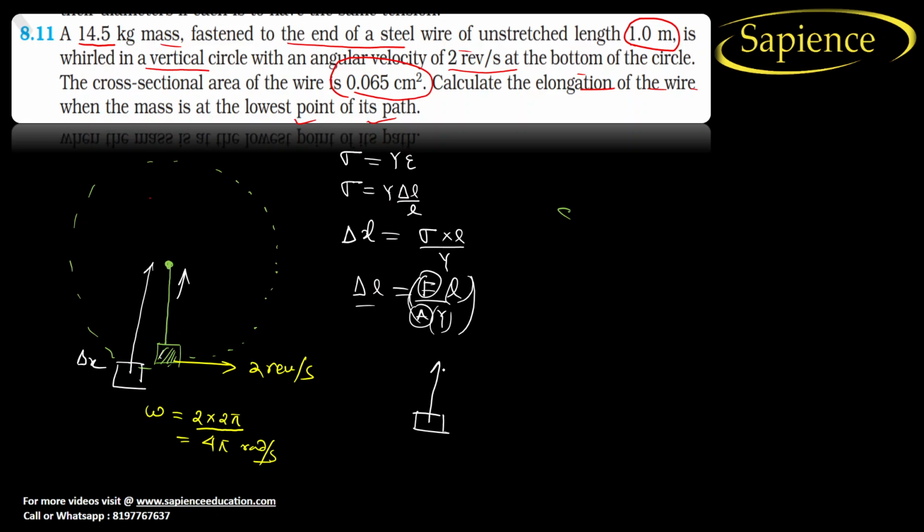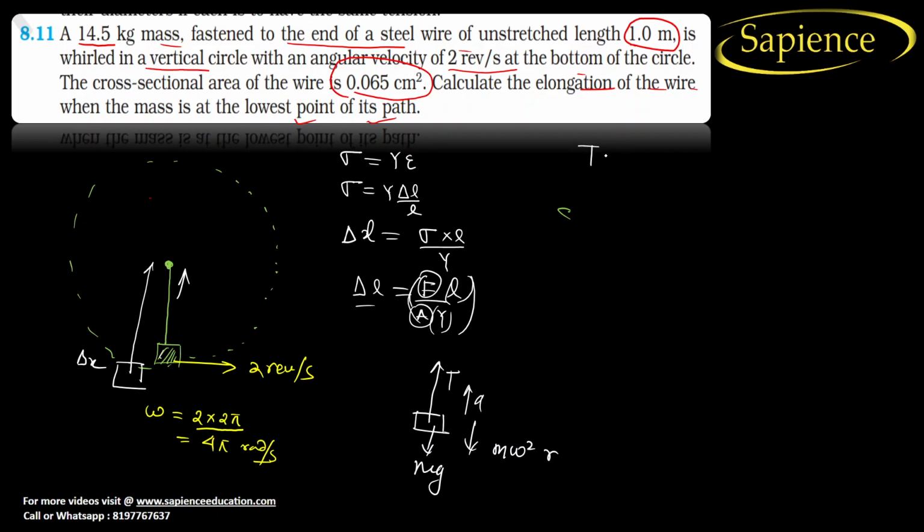In the string, tension is acting upward, and mg is acting downward. The pseudo force, that is m omega square r, will act downward, and mg will act downward.